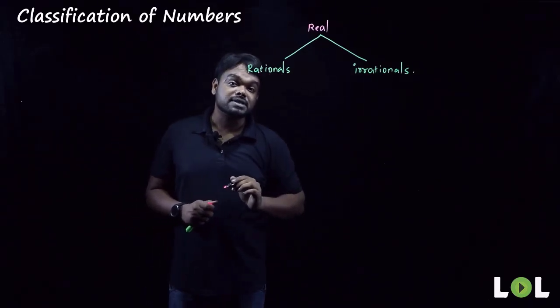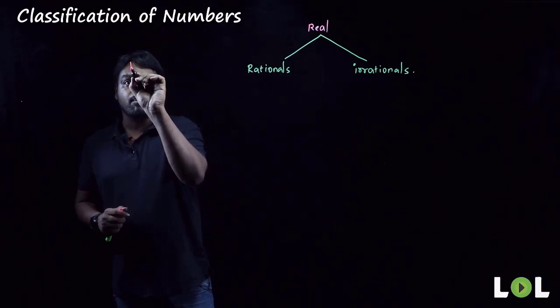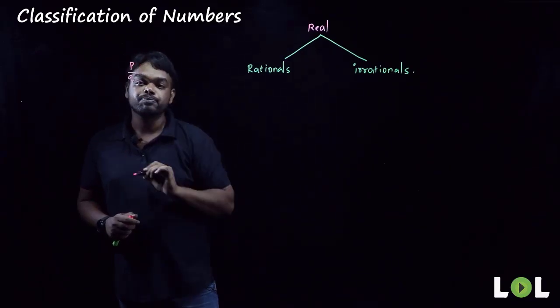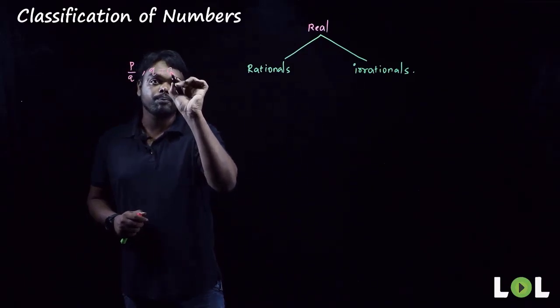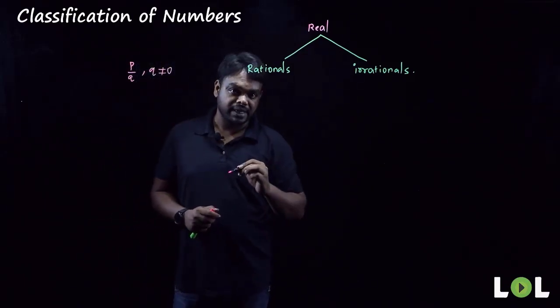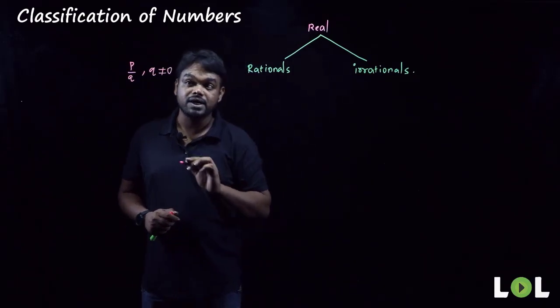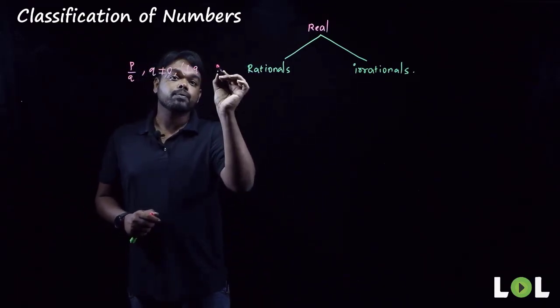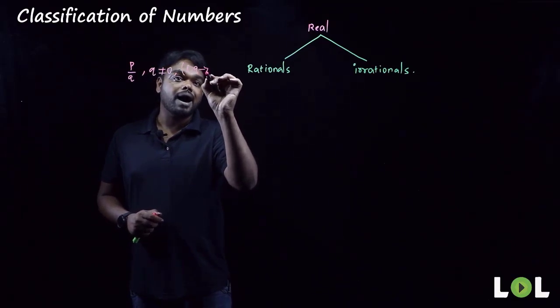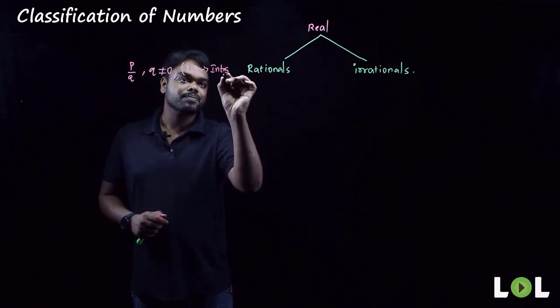Now, rational numbers are those numbers which are in the form of p by q, where q is not equal to 0. This is what many students think. Now, there is another condition, that is both p and q are integers.